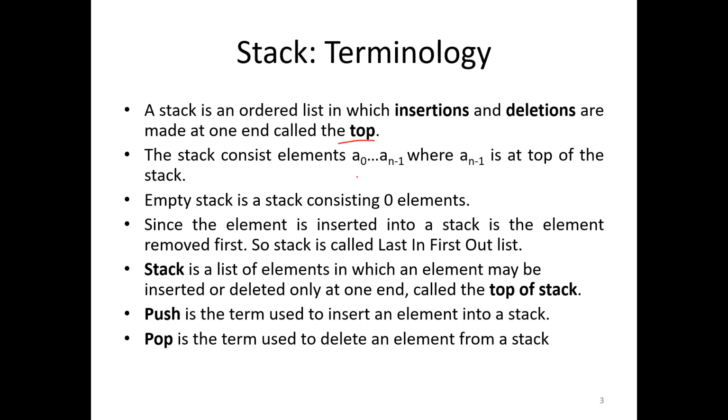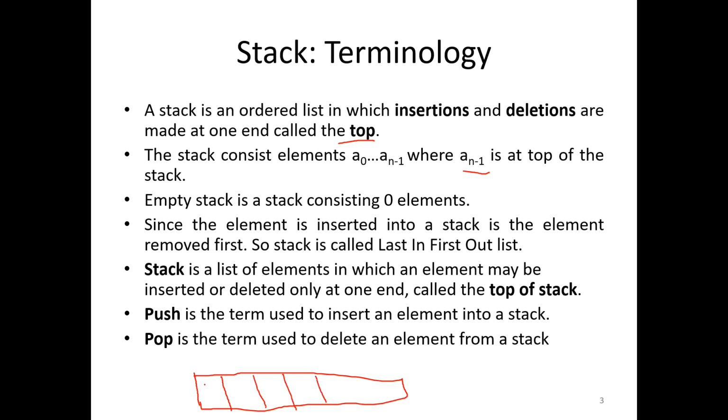These elements are represented with the index values A0, A1, like that, up to A(n-1), where A(n-1) is the top element. The number of elements in the stack is n. For example, if I represent that stack in a horizontal way, these are the elements that are already there in the stack.